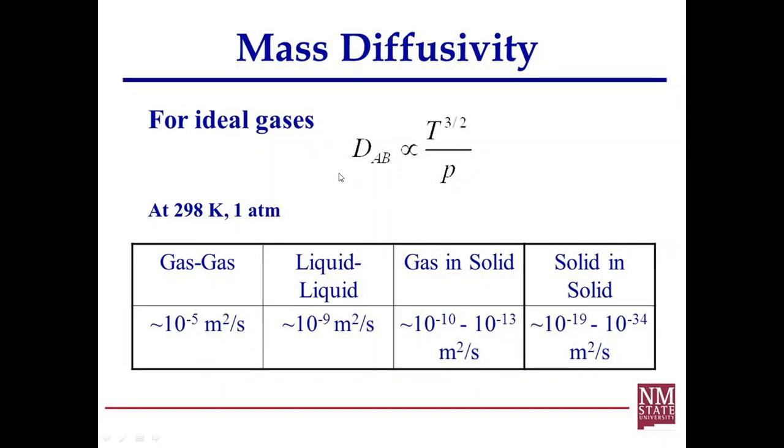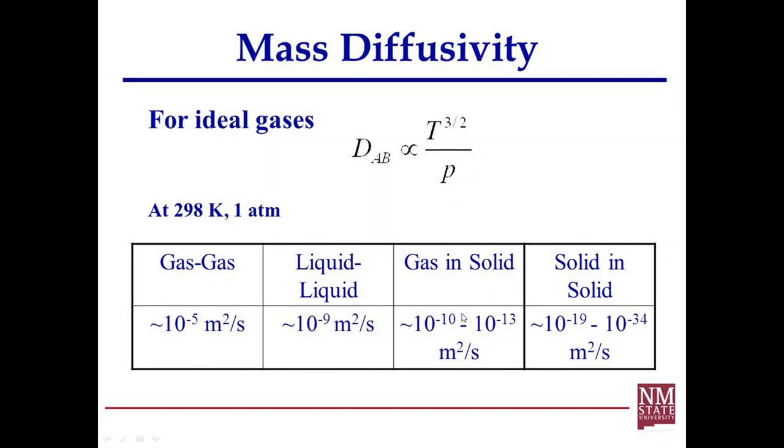The diffusivity values are very important. In gas, the diffusivity is of the order of 10 to the power minus 5 meter square per second. For liquid, it is 10 to the power minus 9 meter square per second.